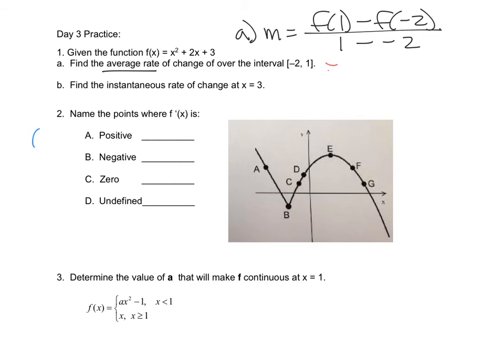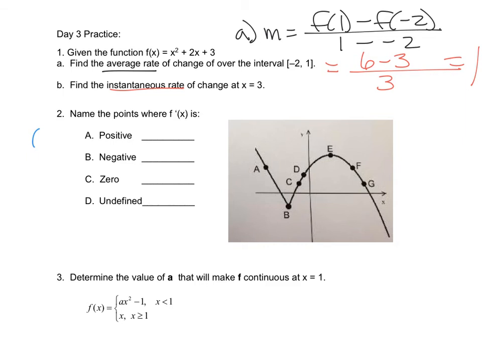You can plug them in on the main calculate screen, do 1 squared plus 2 times 1 plus 3. So in your numerator, you should get 6 minus 3. The denominator simplifies to 3. Well, 6 minus 3 is 3. So 3 divided by 3 gets us an answer of 1.